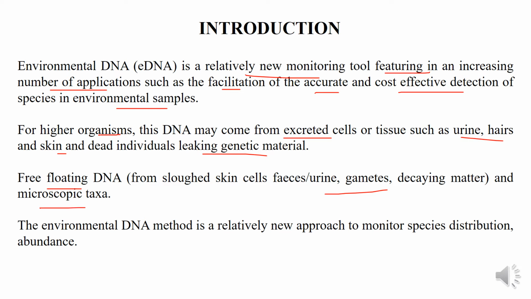The environmental DNA method is basically a totally new approach for monitoring species distributions and abundance. Abundance is not that appropriate, but you can estimate the abundance. Mainly it is the identification of the species and their distribution in that particular habitat.